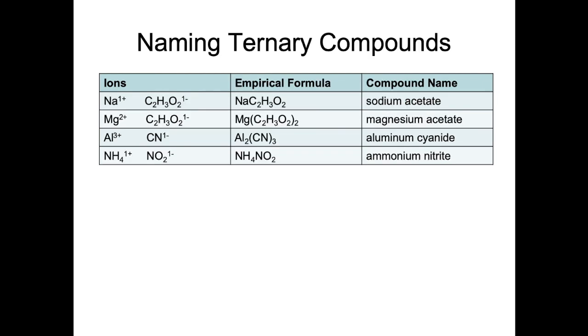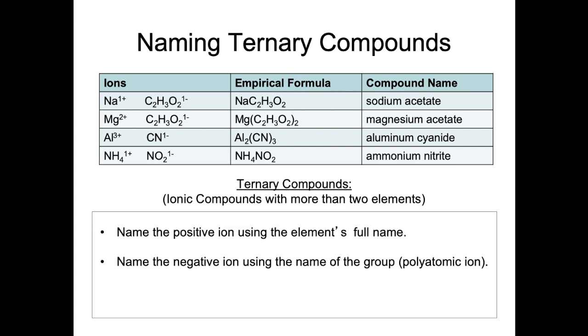Next up, we have ternary ionic compounds. A ternary ionic compound is one that involves more than two elements. Typically that means you have a metal combining with what's called a polyatomic ion. A polyatomic ion is just an ion that's composed of more than one atom.